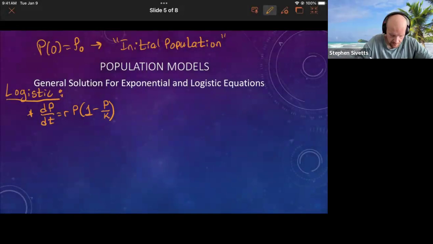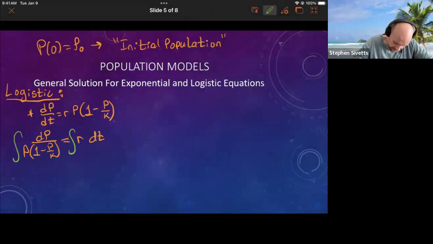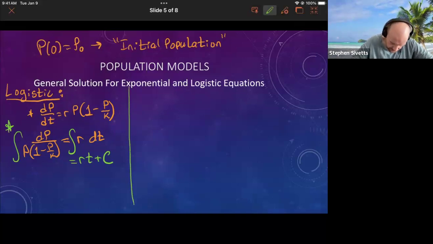So it turns out this is also a separable differential equation, right? So if we gather all of the p variables on the left-hand side, I'll have dp over p times 1 minus p over k, and this equals r times dt, right? And if I integrate both sides, the right-hand side is pretty easy. It's just r times t plus a constant. But this left-hand side, we're going to have to use partial fractions decomposition, right?